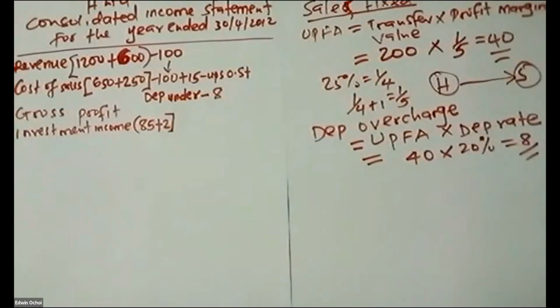What I'm supposed to subtract here concerns two things. If the investing companies paid dividends or they paid interest, you have to subtract from investment income.